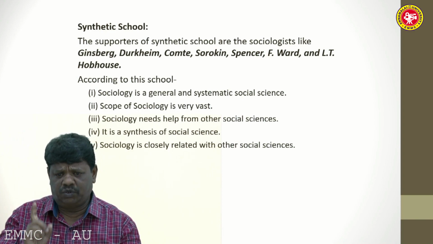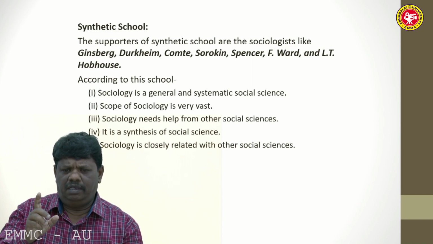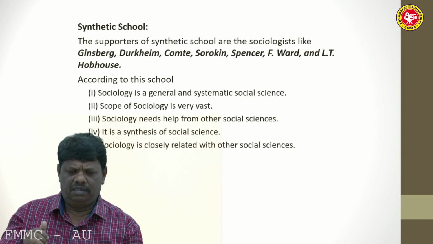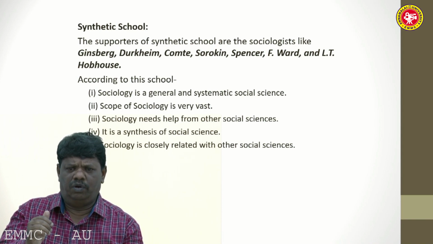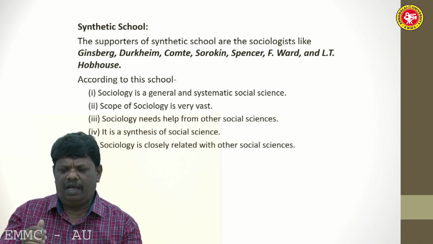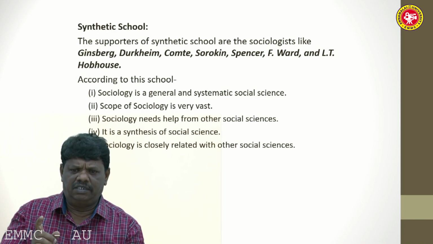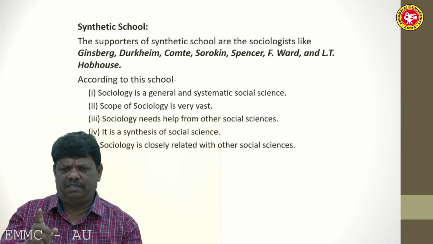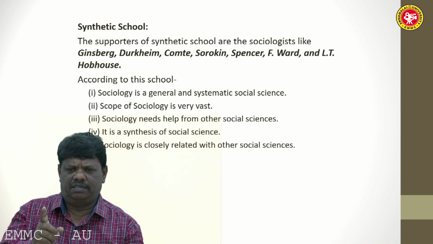According to the synthetic school, sociology analyses the following areas. Number 1, sociology is a general and synthetic social science. Number 2, the scope of sociology is very vast.